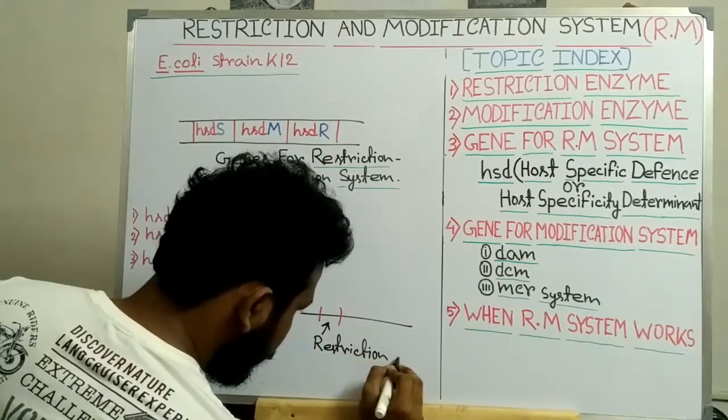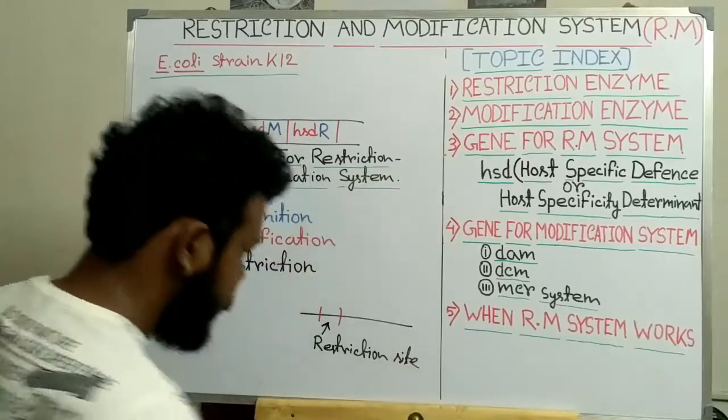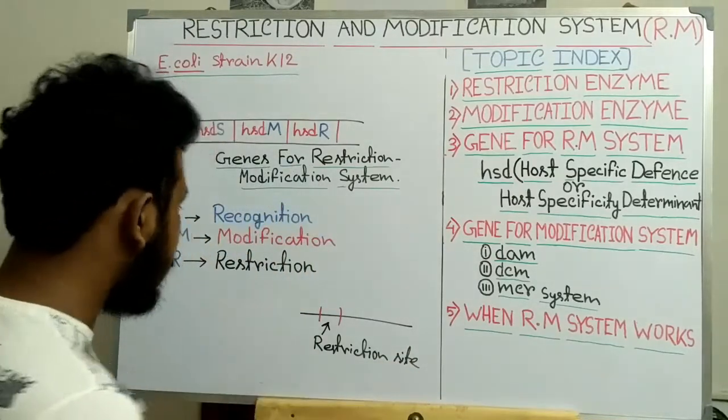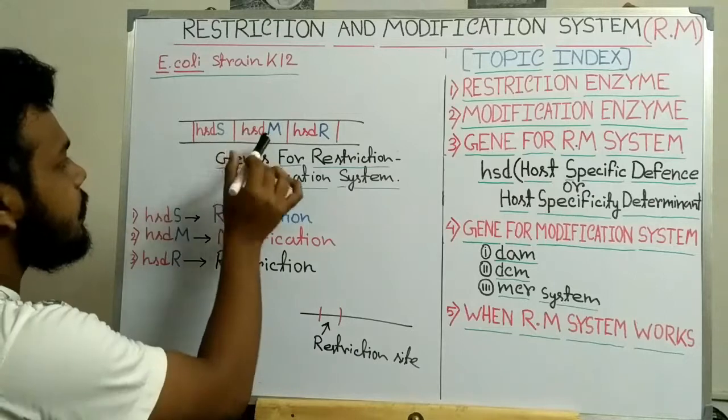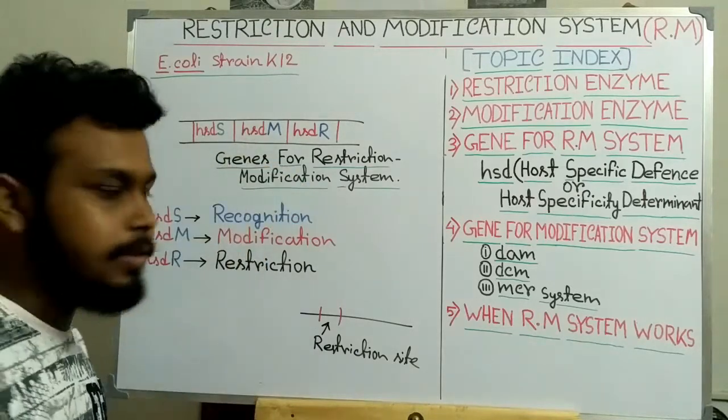So this is the restriction site, and the second gene is the HSDM gene.